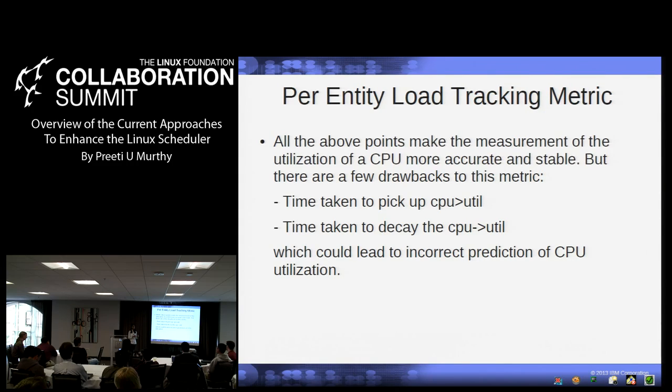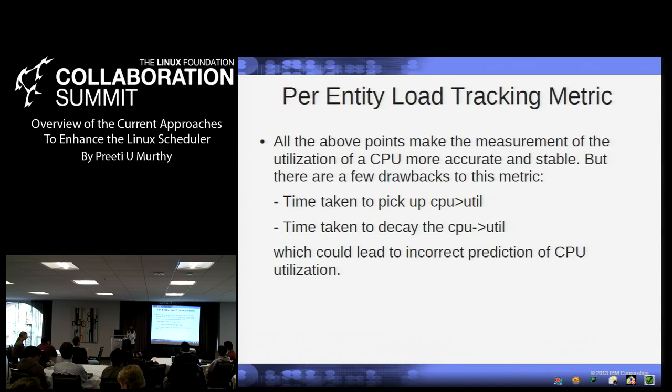But it so happens that this climb from 0 to 100% takes a very long time, and the scheduler should not confuse this socket as being idle. So it has 4 tasks on the 4 CPUs, but the percentage utilization does not reflect that. It takes time to pick up, and if it takes time to pick up, the scheduler should not put more tasks on that socket because the percentage utilization is less.